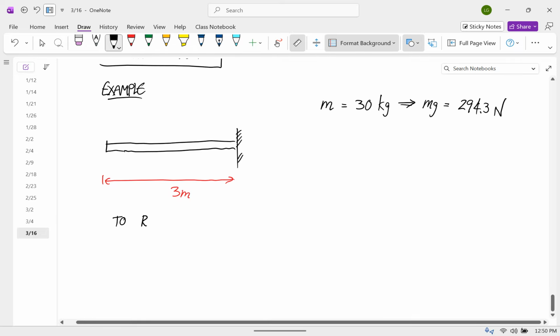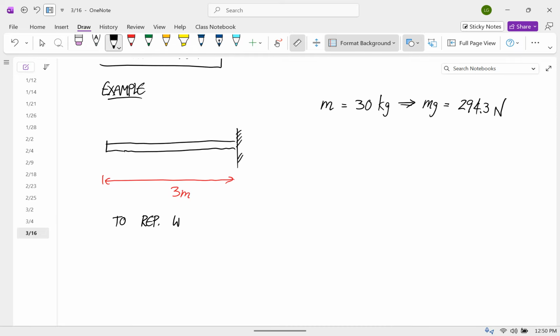To represent the weight as the distributed load, divide it by the length.